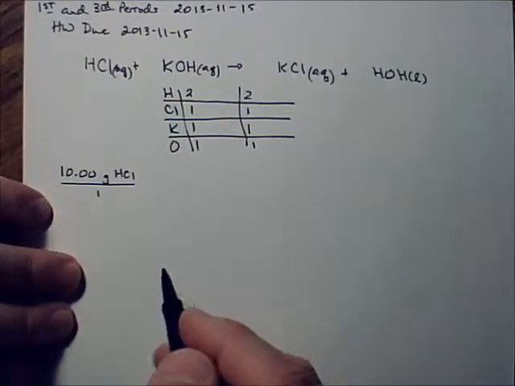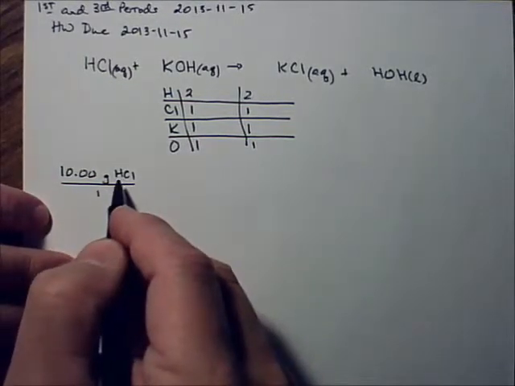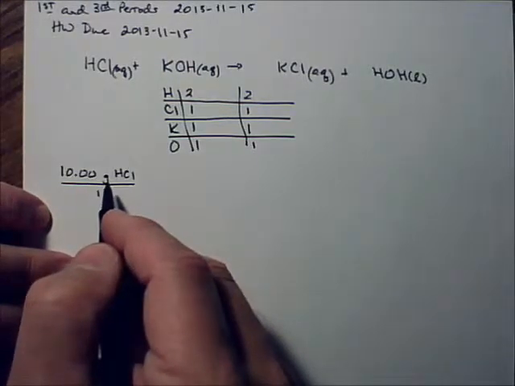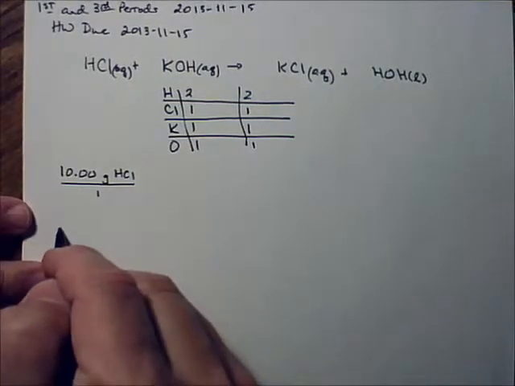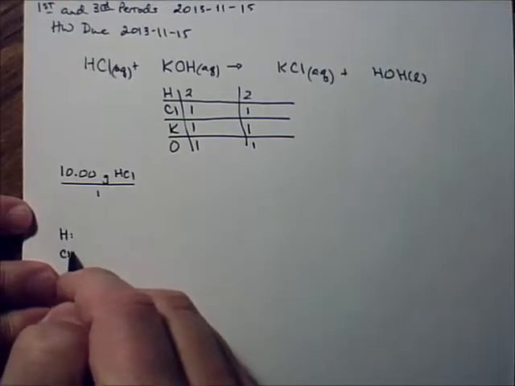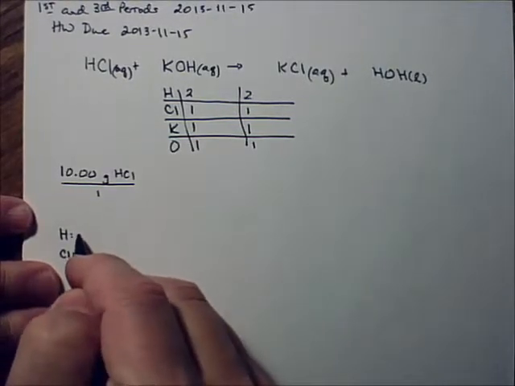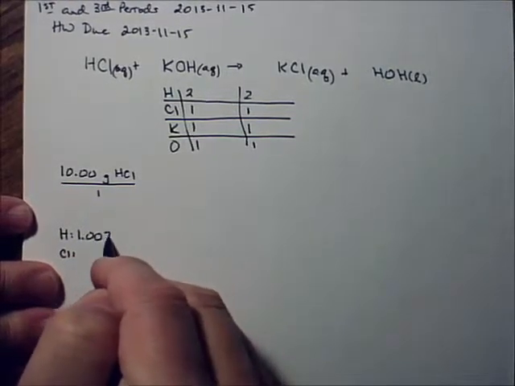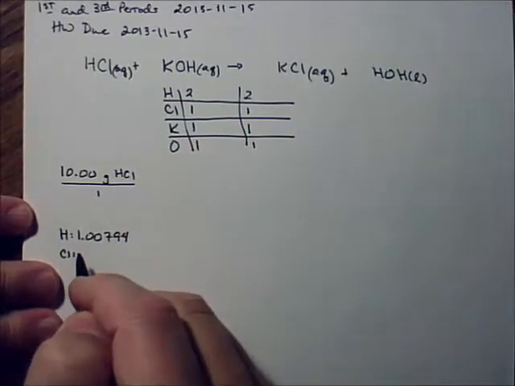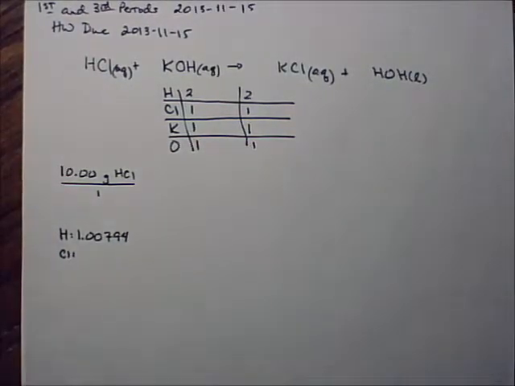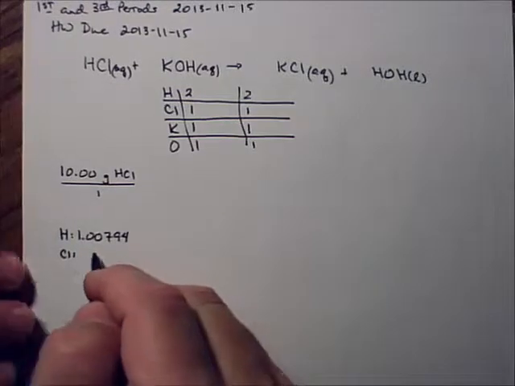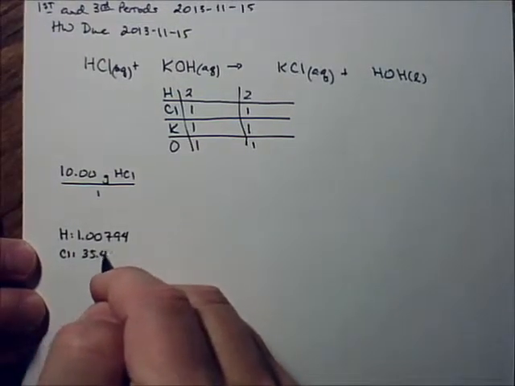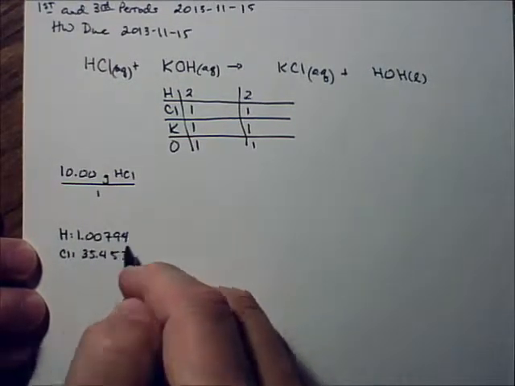Okay? Always go through moleville. So we've got to convert this into moles. To convert it into moles, we've got to have a molar mass. So we have hydrogen and chlorine. Hydrogen's atomic mass is 1.00794. Chlorine is 35.453, I believe. Yep. We have 1 of each.